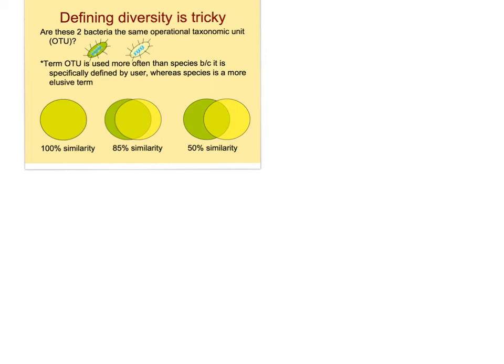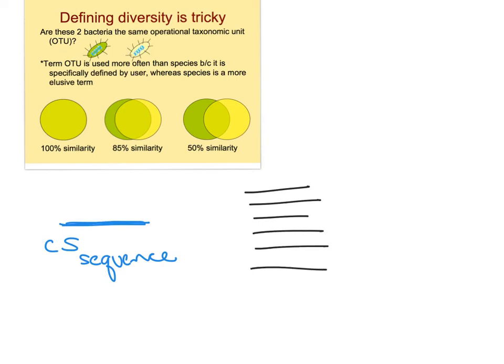So let's say you have your environmental sequence, say from a Cabernet Sauvignon sequence, so from one organism. And then let's say you have your database over here with all sorts of different species. Now, how identical does this have to be to any one of these?